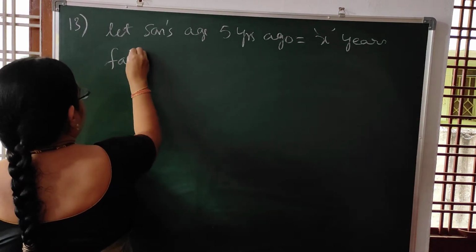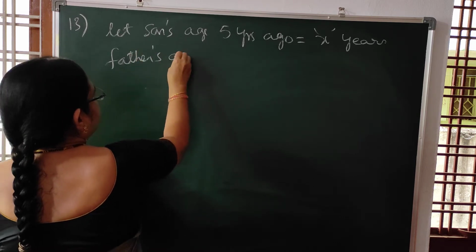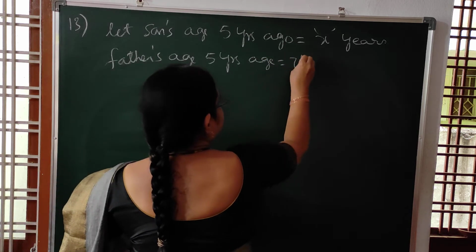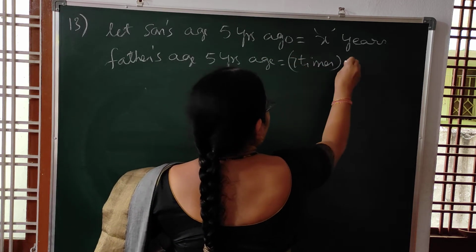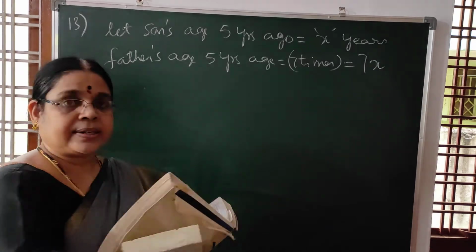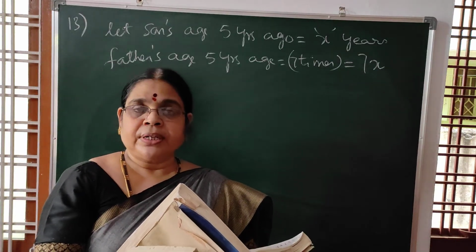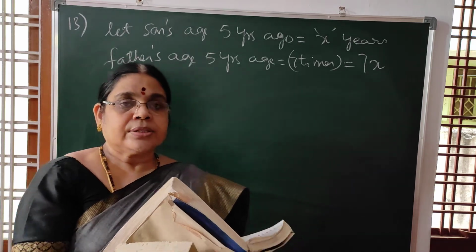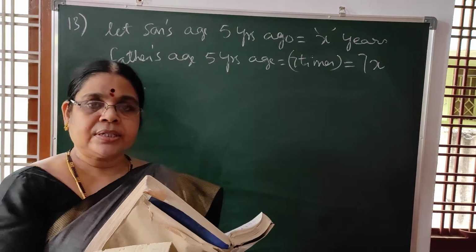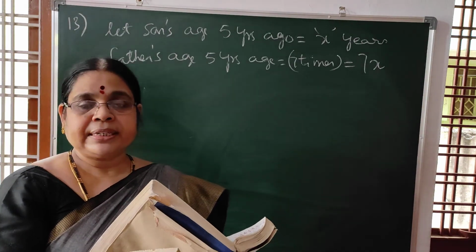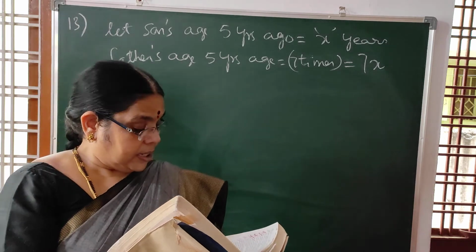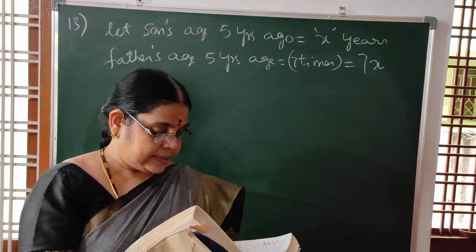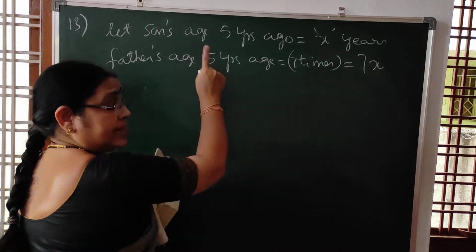So father's age 5 years ago is 7 times his son's age. So this becomes 7x. Clear. 5 years ago ages were given. So let son's age be x years, then the father's age becomes 7 times his son's age, 7x years. So these are the past ages.